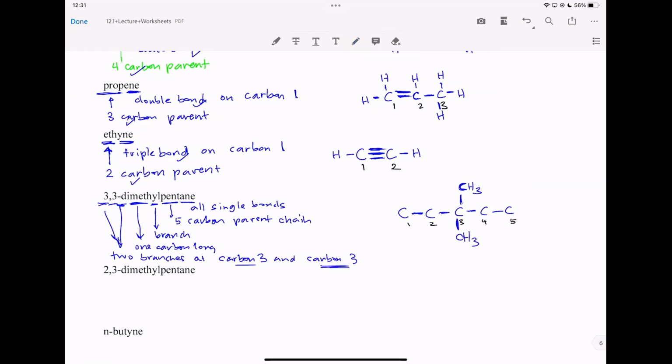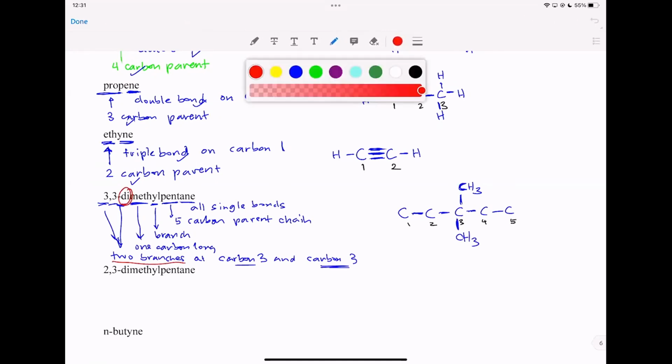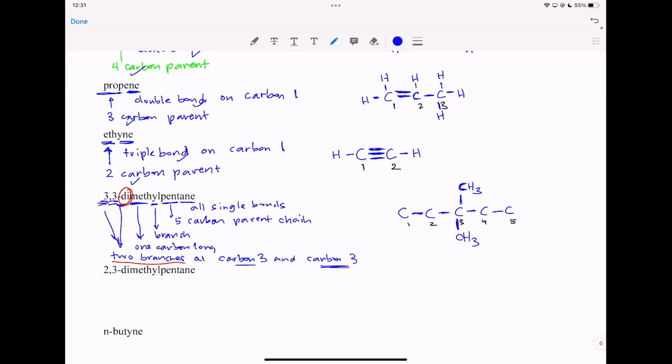Now you might ask me again, how did I know there were 2 branches? That's because what I snuck in there was this di. That means 2 branches. The hint was also that there's 2 location numbers. When there's 2 location numbers, that means you got more than one thing. But we got the single bonds, this parent chain, the branches, each 1 carbon long, there are 2 of them.